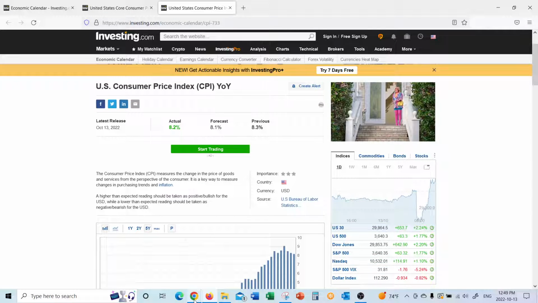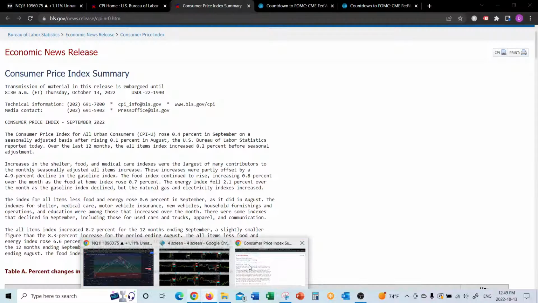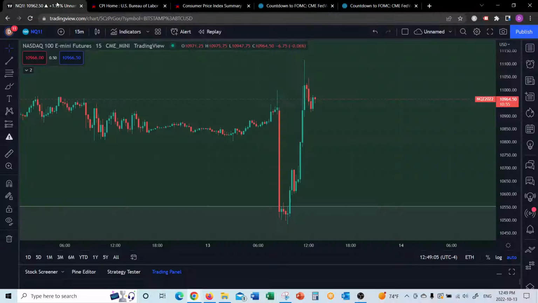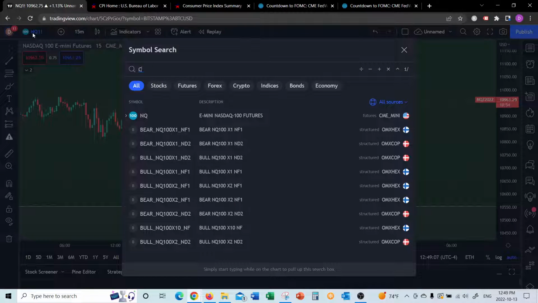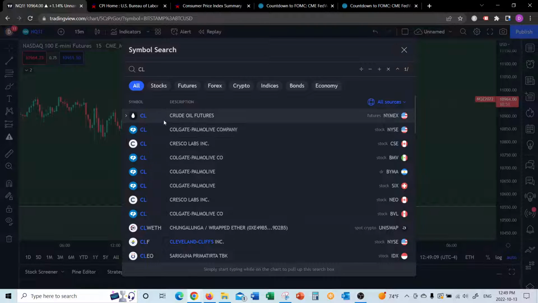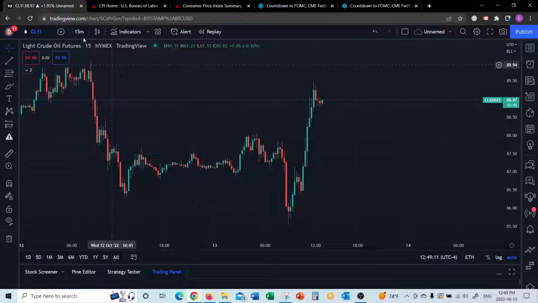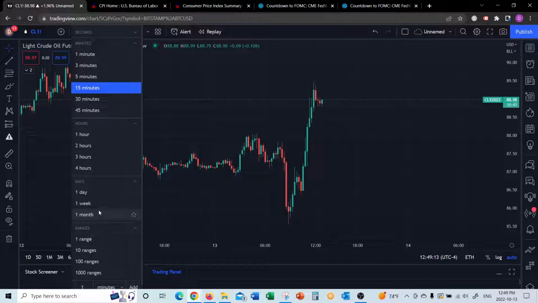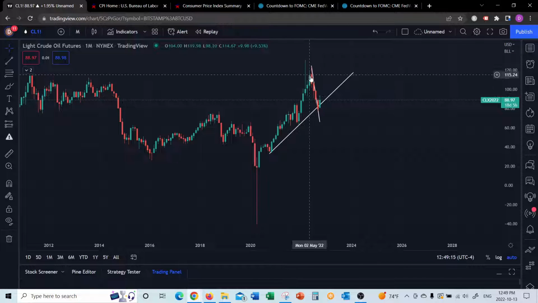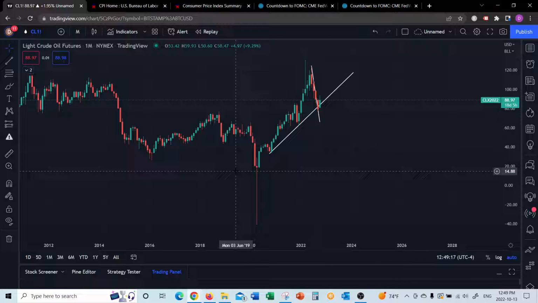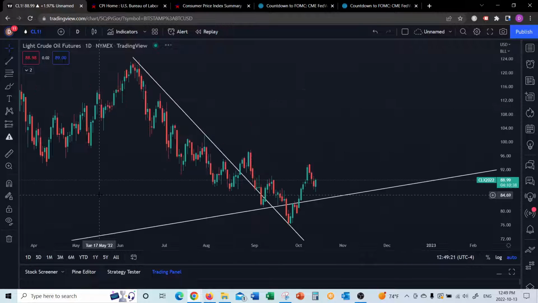If you take a look at oil prices, oil prices have been dropping quite a bit, and that's why the headline numbers have been coming in softer.